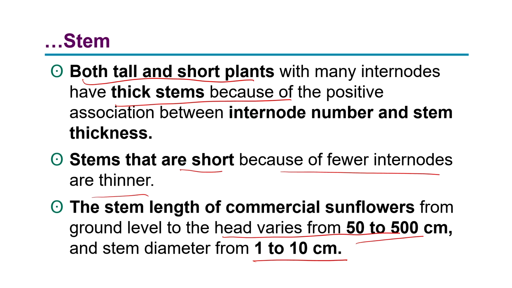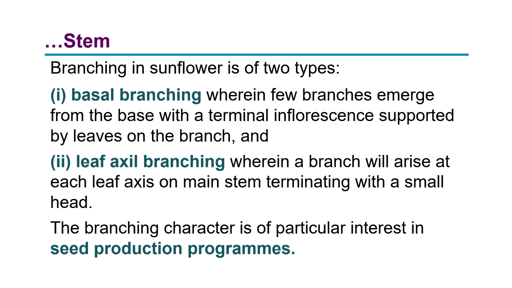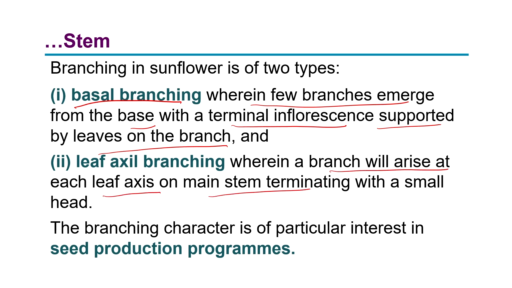Now, branching in sunflower is of two types. One is basal branching, wherein a few branches emerge from the base with a terminal inflorescence supported by leaves on the branch, but this can be a very small inflorescence. The other is leaf axial branching, where a branch will arise at each leaf axil on the main stem, terminating with a small head.